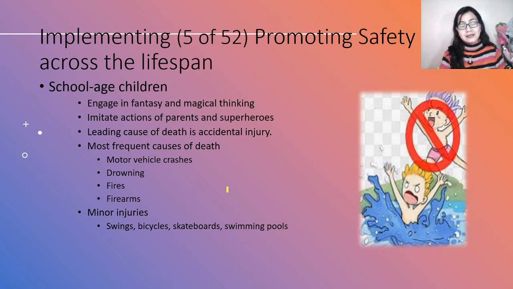We must instruct the parents to be careful of that, and to emphasize to the children that it's not allowed, that only mom and dad or adults can do this, and tell them the consequences. Otherwise, they might imitate you. So, emphasize that in health teaching.